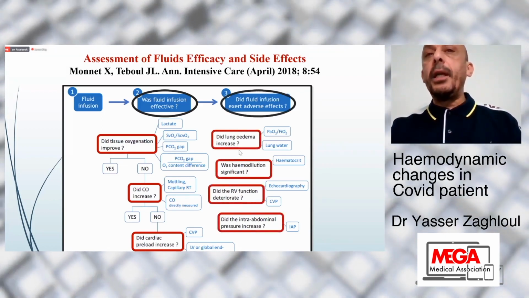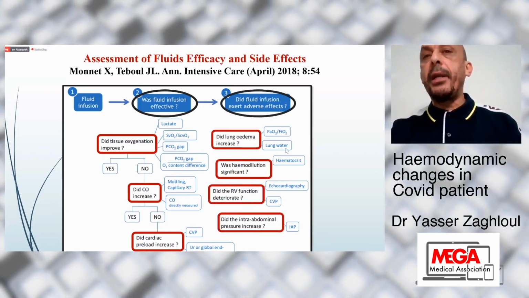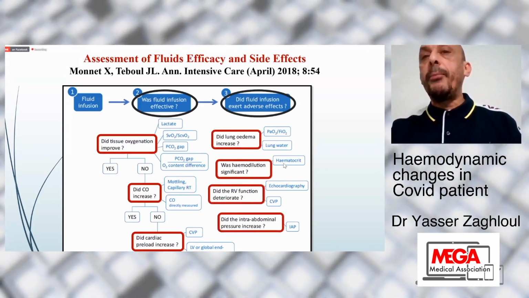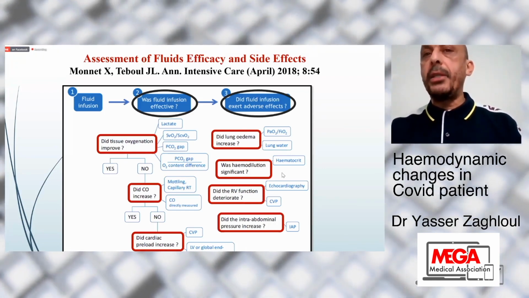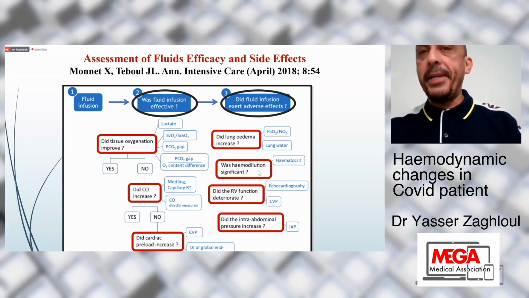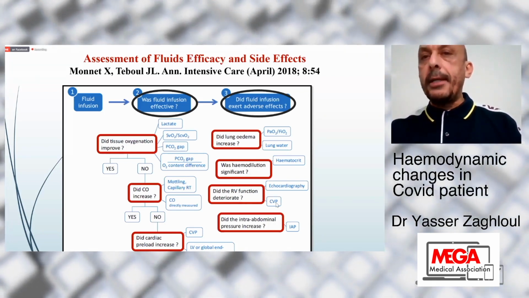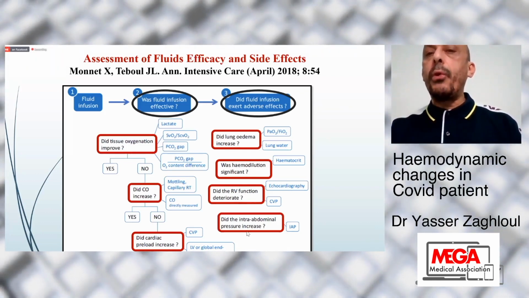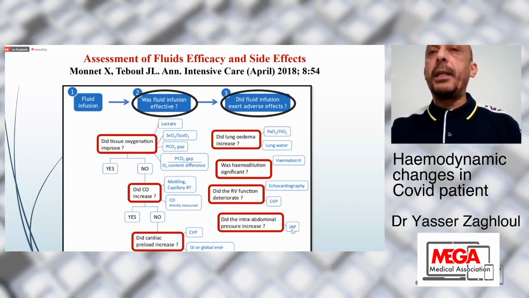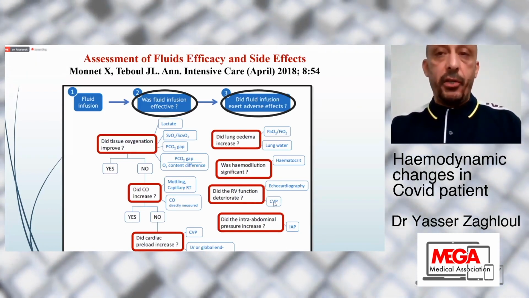Side effects: increased lung edema, so you have poor oxygenation and increased lung water. Hemodilution, hematocrit is dropping without significant loss of blood because of the fluid over-resuscitation. Did the right ventricle deteriorate? You should assess with echo or CVP. And the patient's intra-abdominal pressure may increase with extra fluid resuscitation.